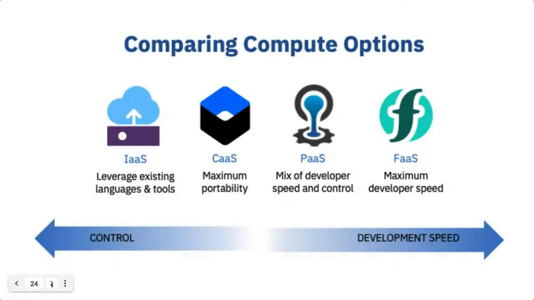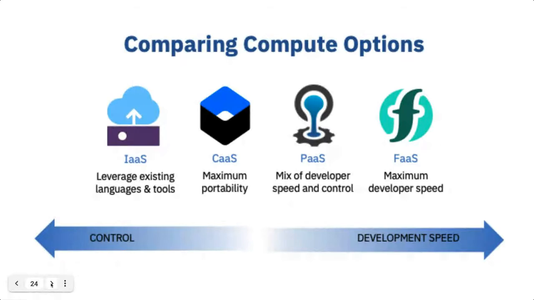Then we have PaaS, which is going to give you a mix of developer speed and control, right? It's going to give you some control, but take care of a lot of things for you. So this is our platform as a service compute option. And the last one is our serverless, also known as function as a service.